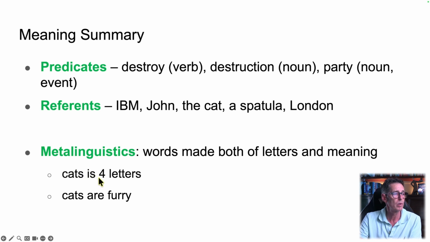Cats is a word with 4 letters, or the word cat is 4 letters. So as a result of that, we aren't following the simple rules that you would otherwise assume that we're trying to follow if you had the rules-based model, or the very popular model for the last 70 years, the Chomskyan model, or his first one. And then "cats are furry" is now complying with the agreement rule.